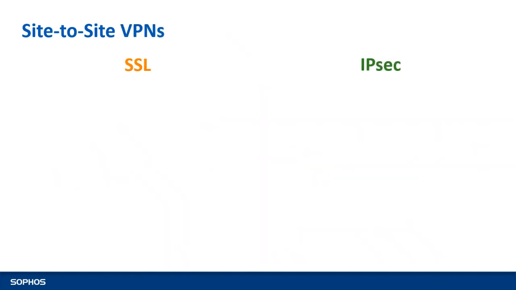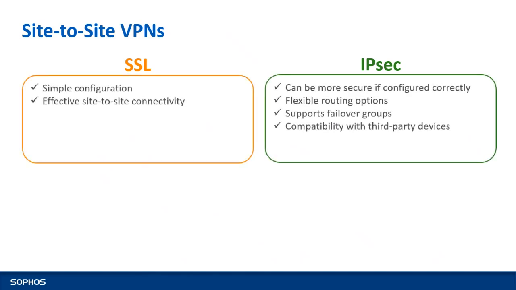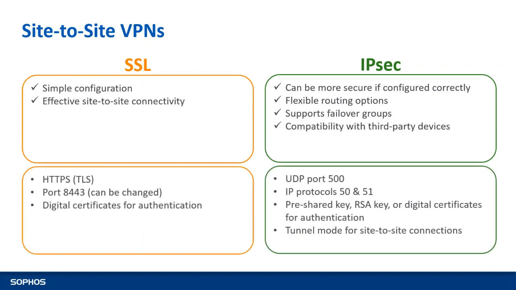For site-to-site VPN connections, Sophos Firewall supports two protocols, okay, SSL and IPsec. SSL VPNs are easy to set up, providing a fast and effective way to connect branch offices. IPsec, on the other hand, can be more secure if configured correctly and provides more flexible routing options and supports failover groups.